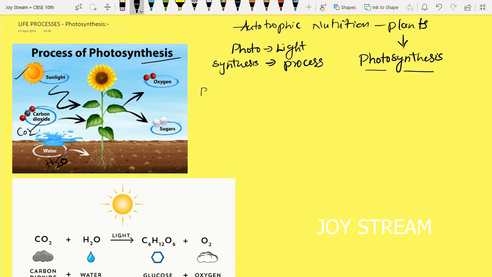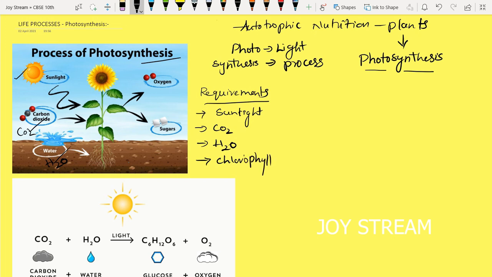What are the requirements for this process? Sunlight from the sun, carbon dioxide, H2O, and there is another component called chlorophyll. This chlorophyll is present in the plant itself.